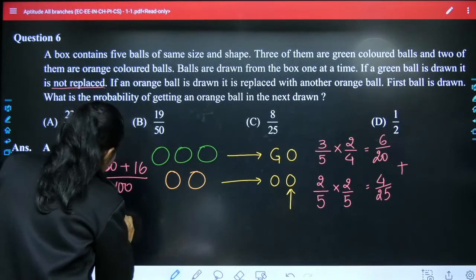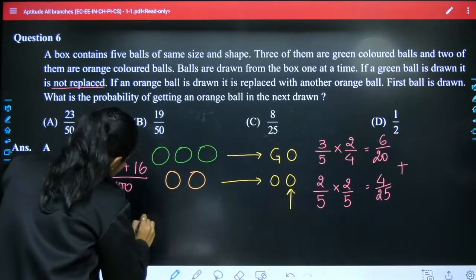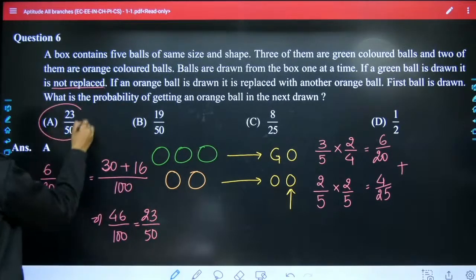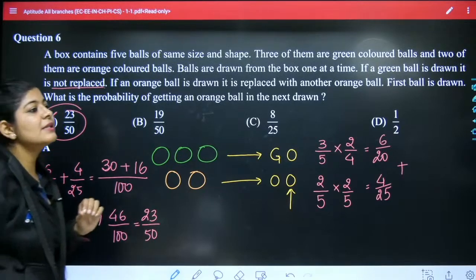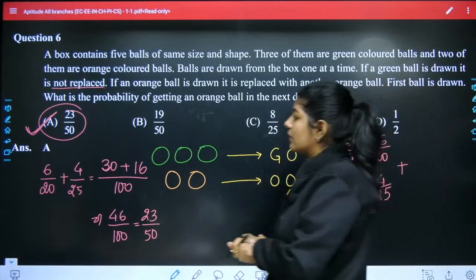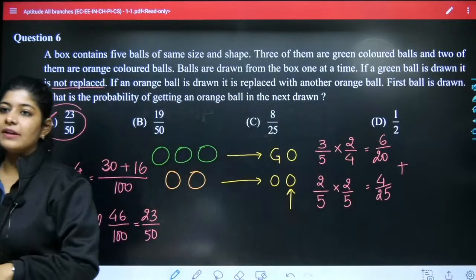So the answer is 46 by 100. So we can write it as 23 by 50. That means option number A is correct. Is it clear? This is a very easy question.